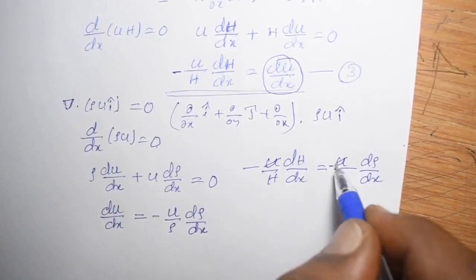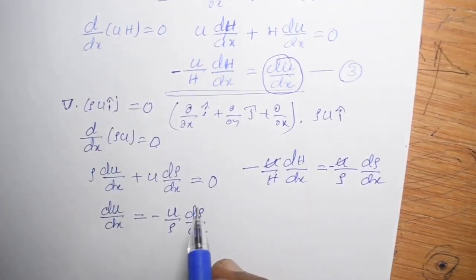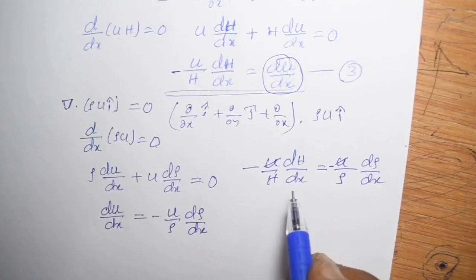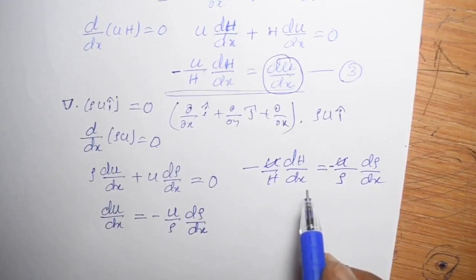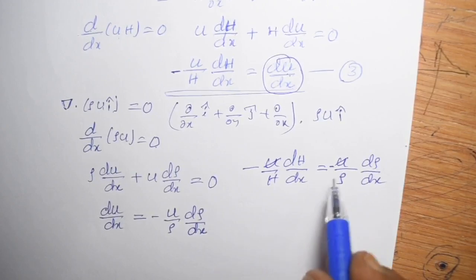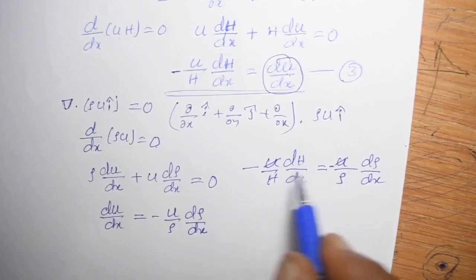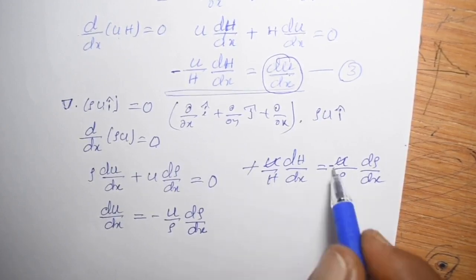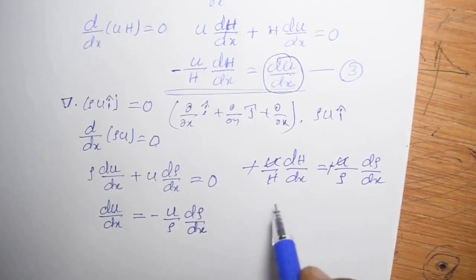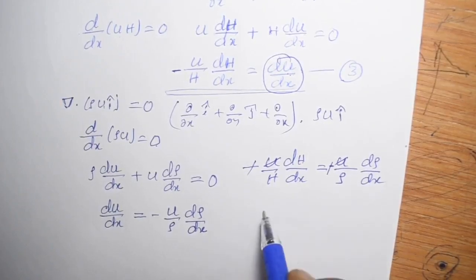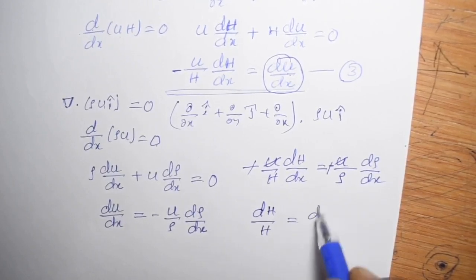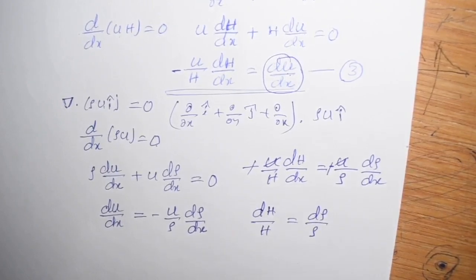So on both sides u gets cancelled because u is non-zero, meaning there will be some sort of velocity. There is no chance to study the flow when it becomes zero. So both sides u gets cancelled and the minus signs cancel. Simply you can write this equation as dh by h is equal to d rho by rho. Is it right?